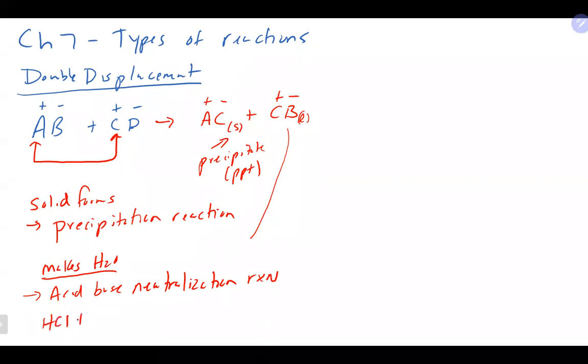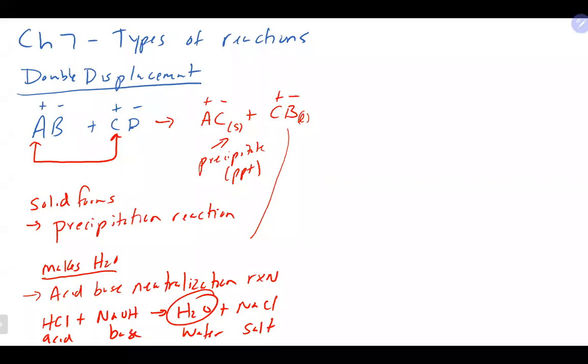Like HCl plus a little sodium hydroxide makes some water and sodium chloride. Remember, when you take an acid plus a base, you usually will get water and a salt. And the formation here of water is another very common double displacement reaction. So acid-base neutralization reaction falls under the big umbrella of double displacement reactions.